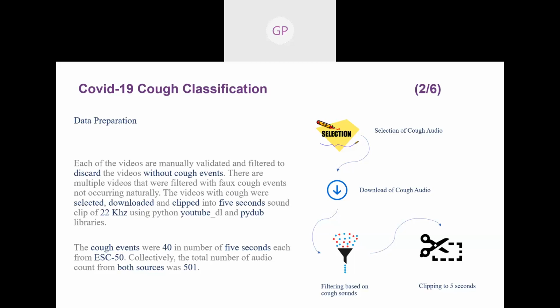After filtering and downloading, we clipped all of these collected videos and audios to 5 seconds, so that they are in sync and aligned. And now, after doing that, we remained with 501 cough samples.